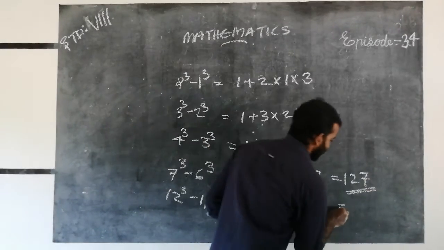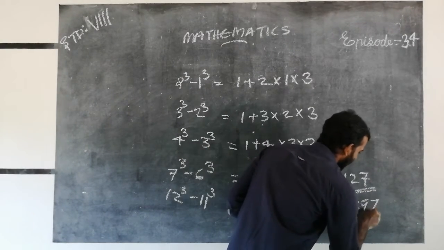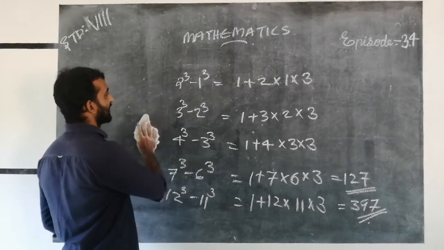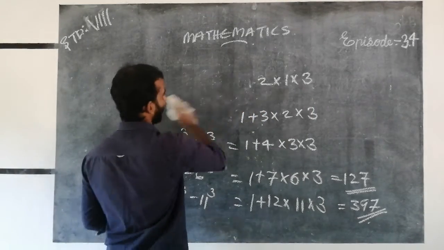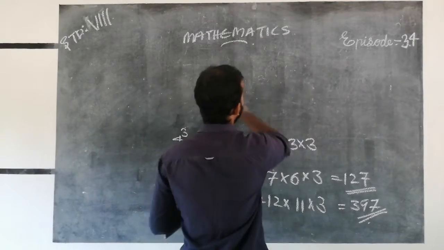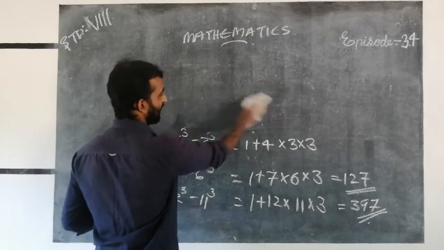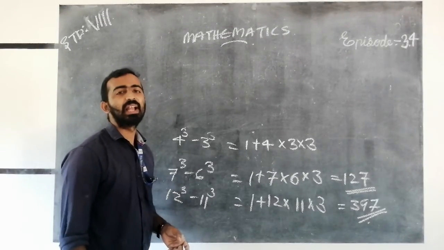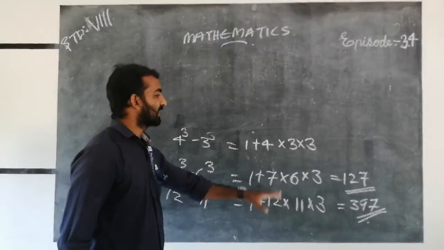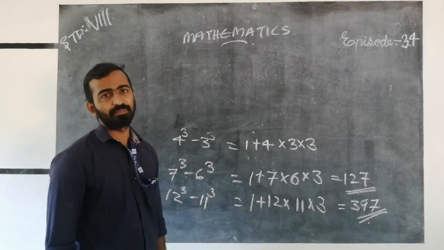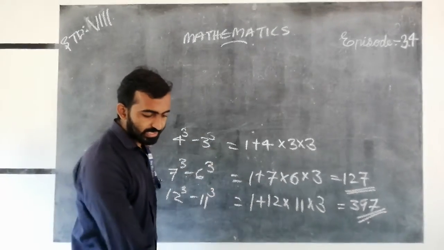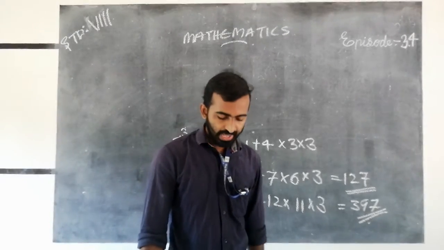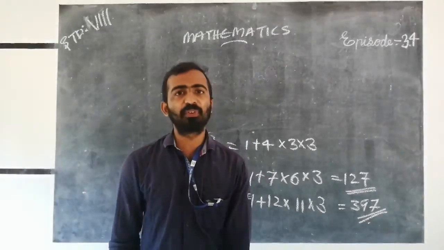That is 397. Is it? Yes. That is 397. And next is 22 minus 19 and 51 minus 52.